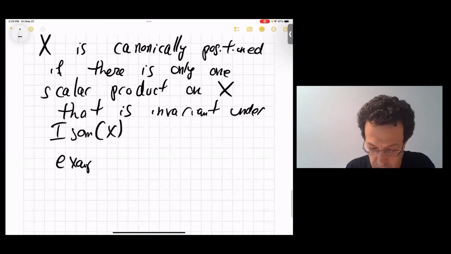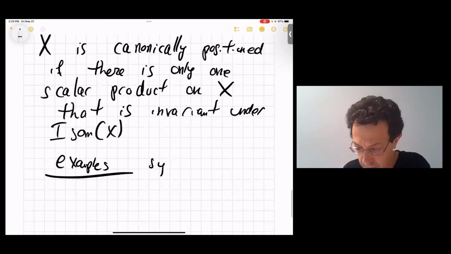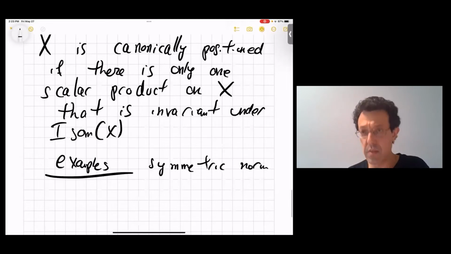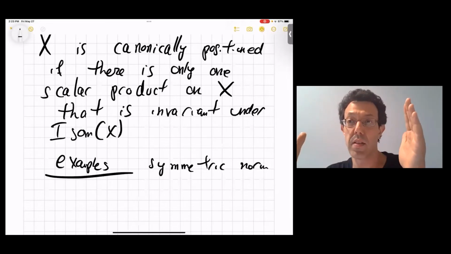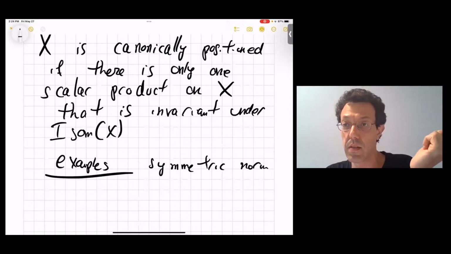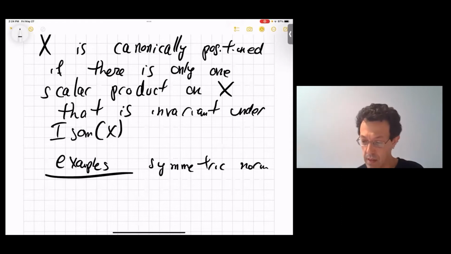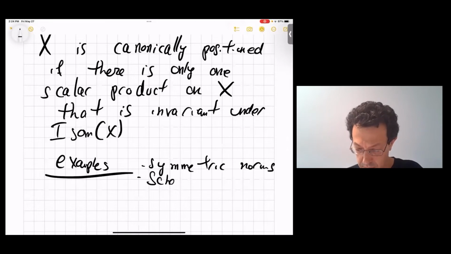So examples are any symmetric norm. So it's when the convex body is invariant under permutations of the coordinates and flipping along any of the axes. Symmetric norms, and if you want, Schatten classes.